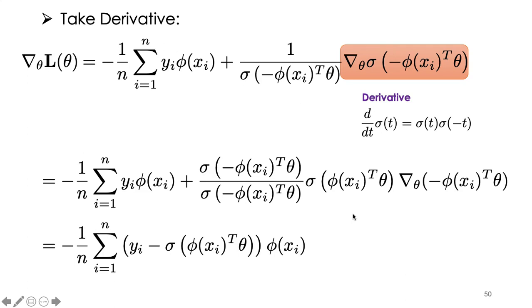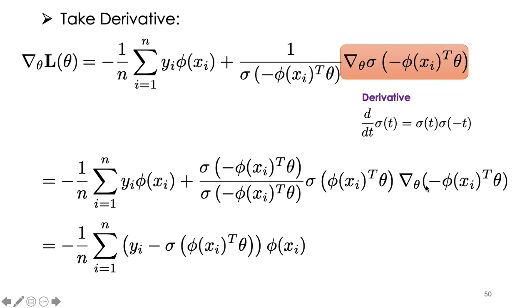And in that one term, we have collected a few terms. So we have yi times phi of xi, yi times phi of xi, and then minus because of the minus sign here.